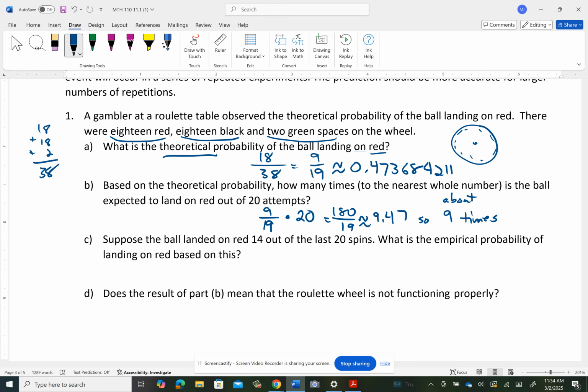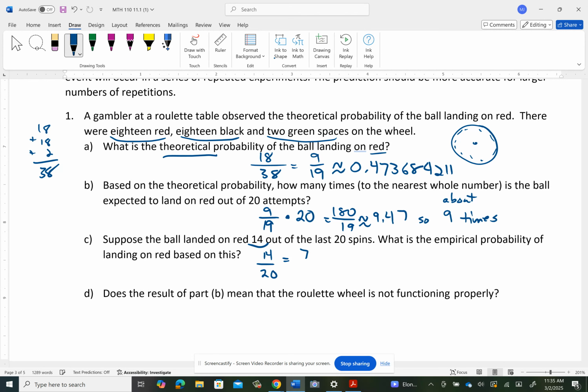Okay. Well, what if the ball actually landed on red 14 times out of the last 20? We would have expected it to land about 9 times, but it landed 14 times out of the last 20. The empirical probability then would have been 14 out of 20.